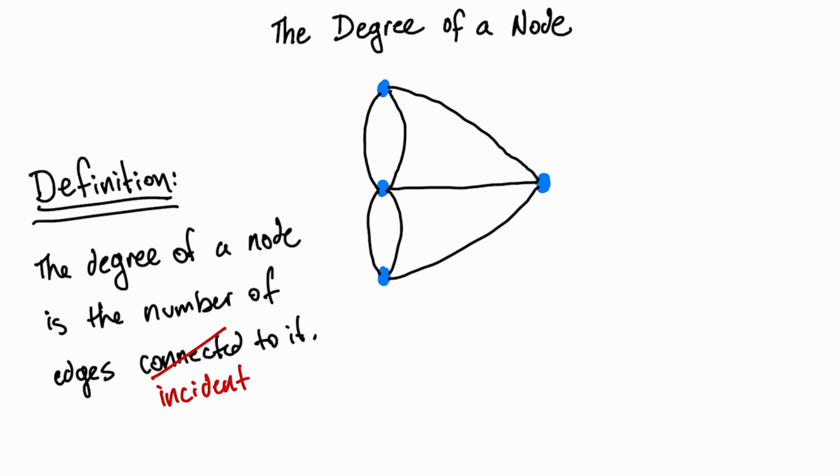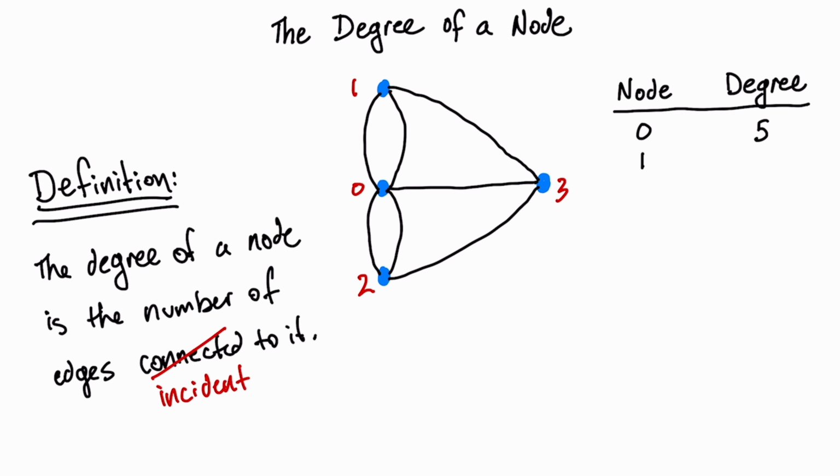So let's make a quick table of each node and its degree for this graph. But first, we need to label each node. I'll use the numbers 0, 1, 2, and 3. Node 0 has 5 edges connected to it, so it has degree 5.